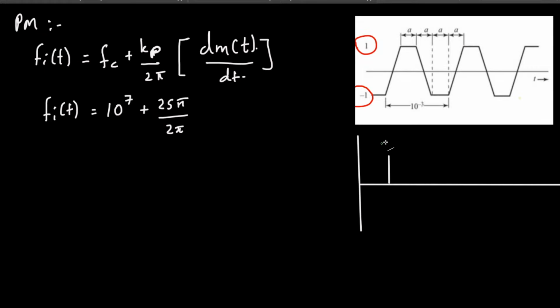Okay, actually it is 2 divided by a, because y2 minus y1 over x2 minus x1, that is 2 divided by a.